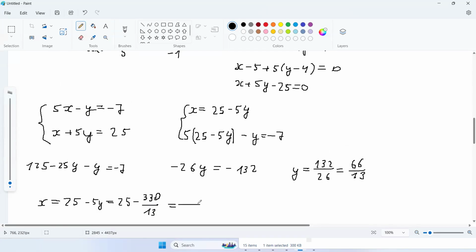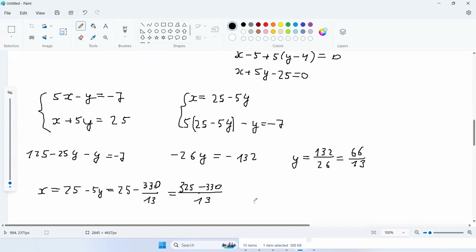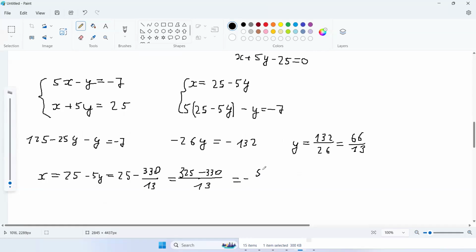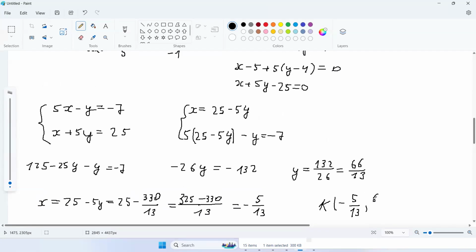So 25 by 13, by the way. 325 minus 330. So minus 5 by 13. So we found the coordinates of K. They are not so convenient, but we have what we have.